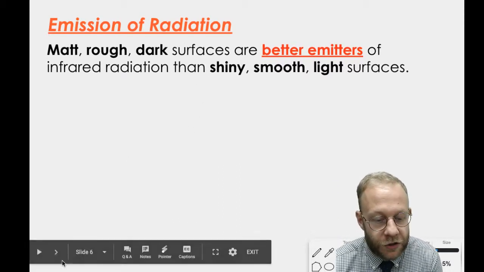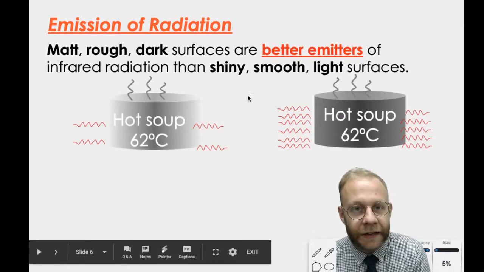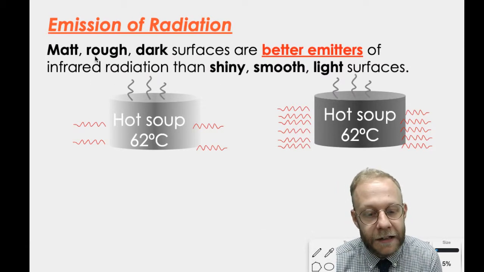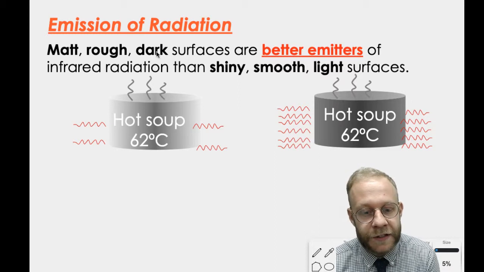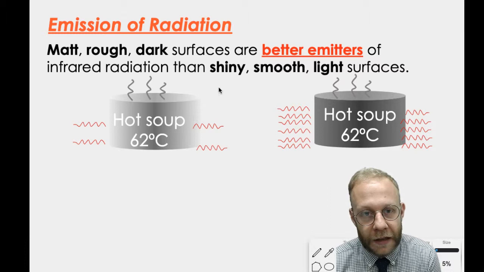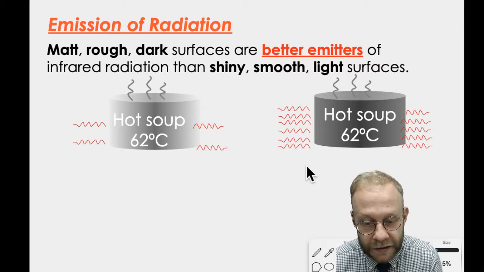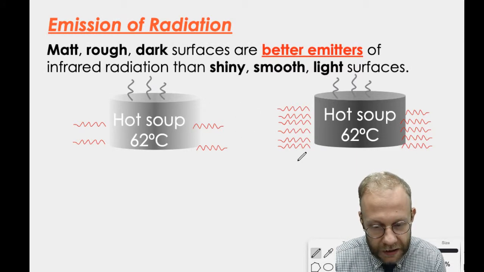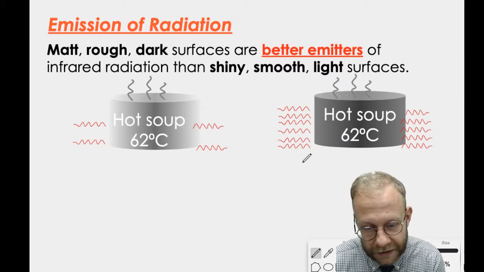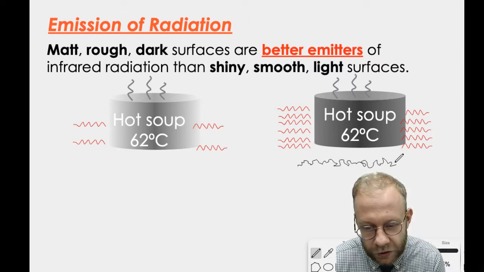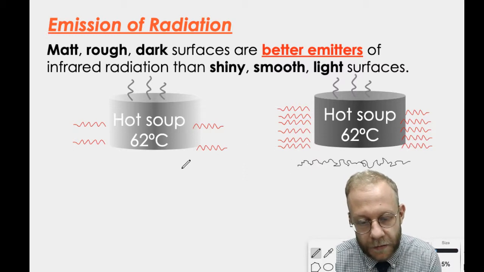So just like in that previous example of absorption, it's the matte, rough, dark surfaces that are better at both absorbing and emitting radiation. Now, that's partly to do with the surface of that material. If it's rough and matte, then on a microscopic level the surface would look something like this.